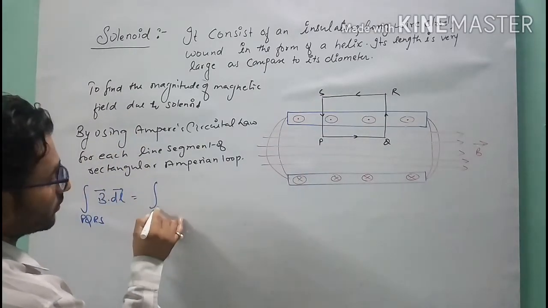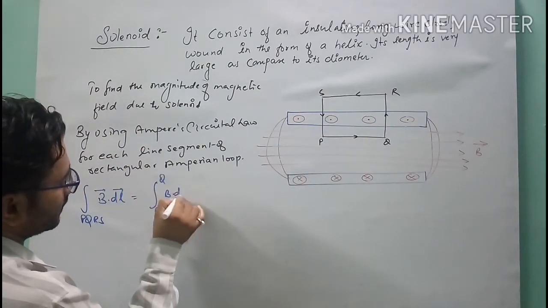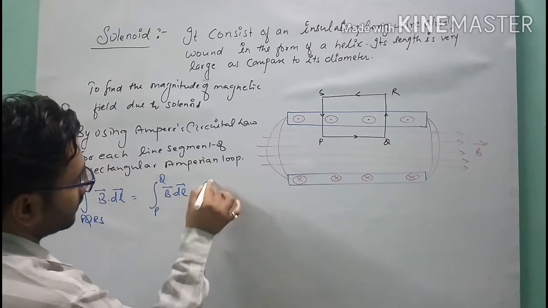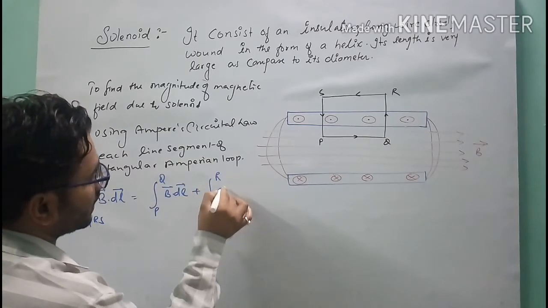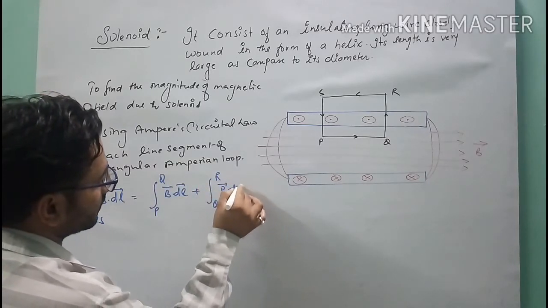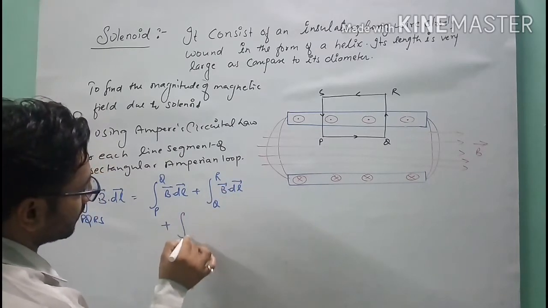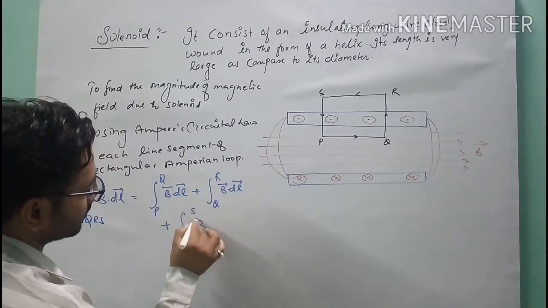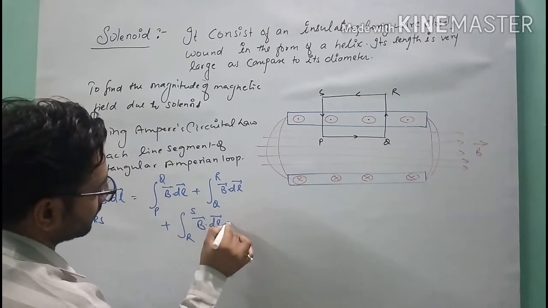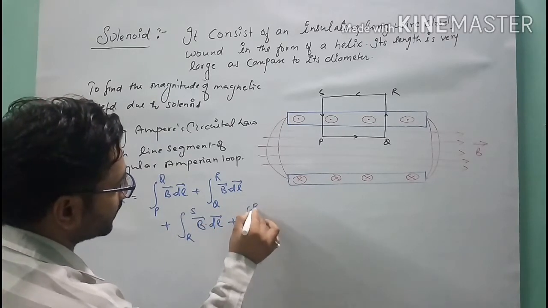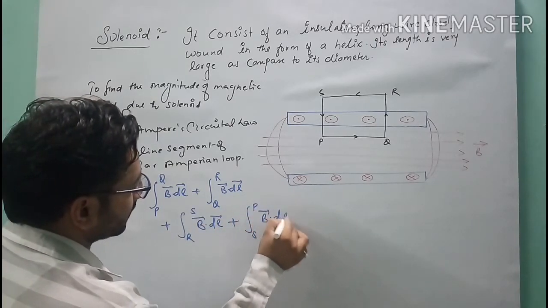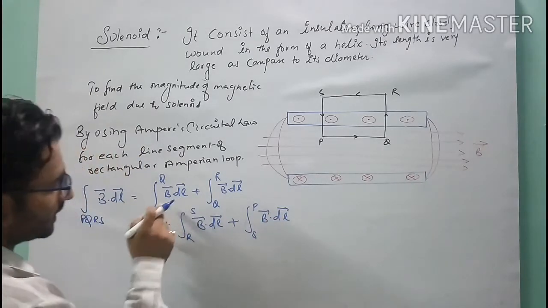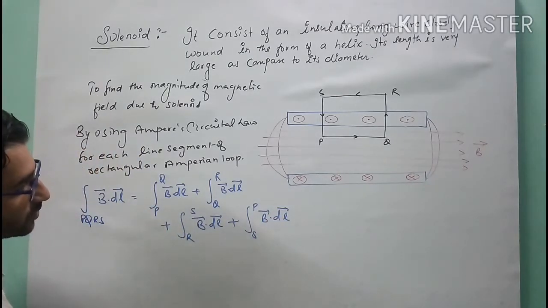First from P to Q, B dot dl, then Q to R, B dot dl, then R to S, B dot dl, then S to P, B dot dl. Now here student, we will find one by one all the values in front of you.